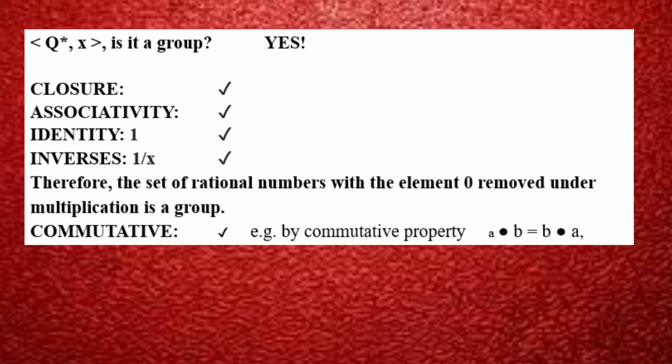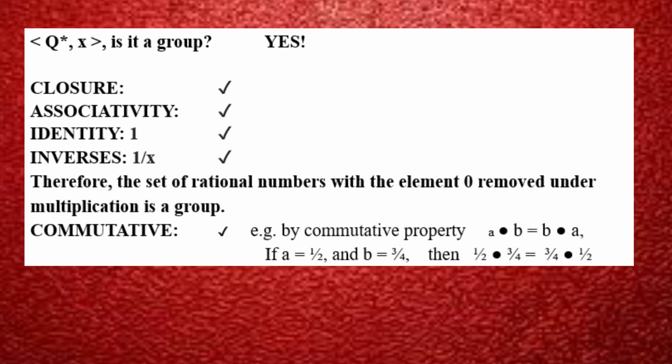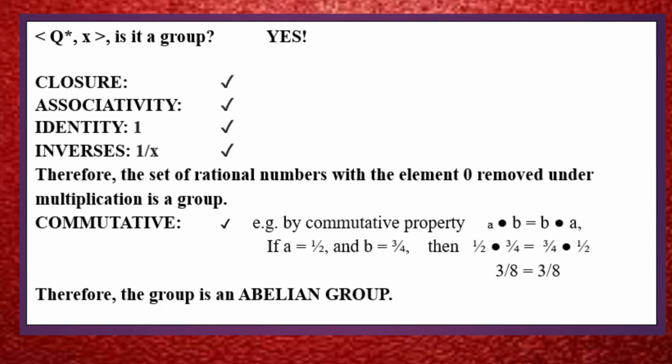However, if we instead use the set Q asterisk that includes every rational number except 0, then Q asterisk under multiplication does form an abelian group. Example, by the commutative property, a times b equals b times a. If a is equal to 1/2 and b is equal to 3/4, then 3/8 is equal to 3/8.